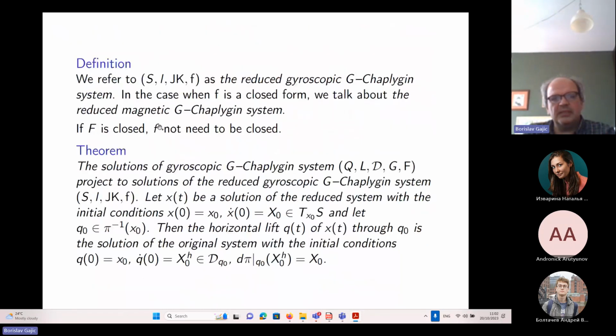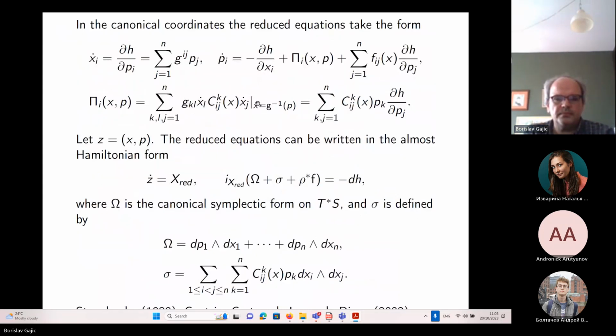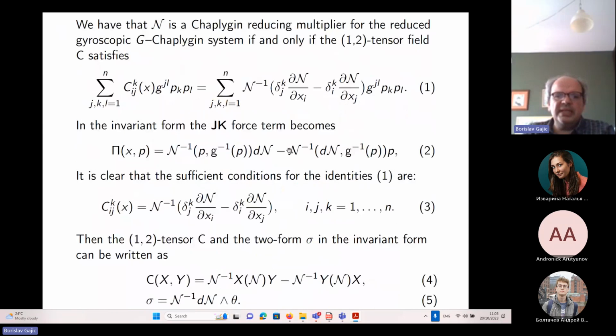This P depends on the curvature of the connection. So if P has this form, it is clear that a sufficient condition, of course, is that C is given by this formula. Then the tensor C and the two-form sigma in invariant form can be written in this way. These are formulas 4 and 5.